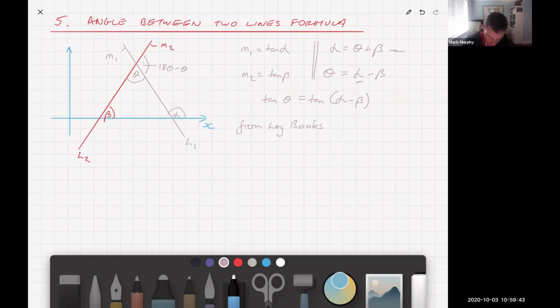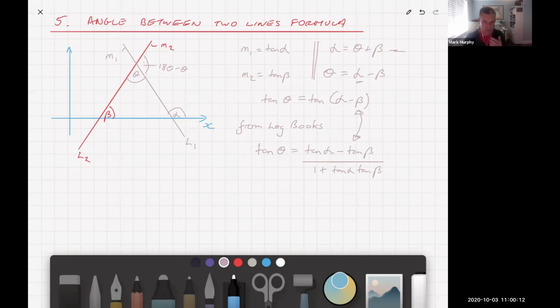The tan of theta is equal to the tan of alpha minus the tan of beta, all over 1 plus tan of alpha, tan of beta. I'm not going to go much into trigonometry, just take it for granted.